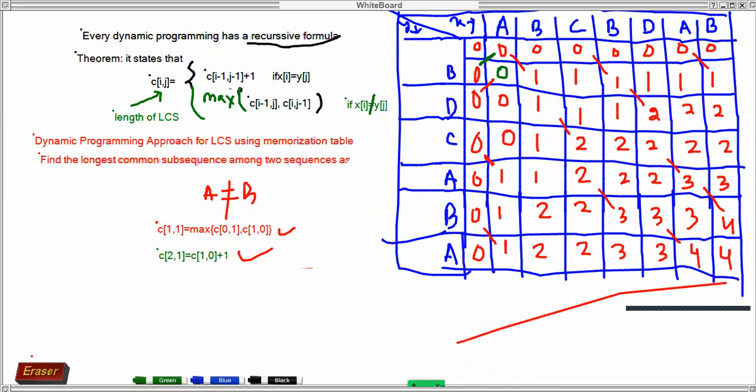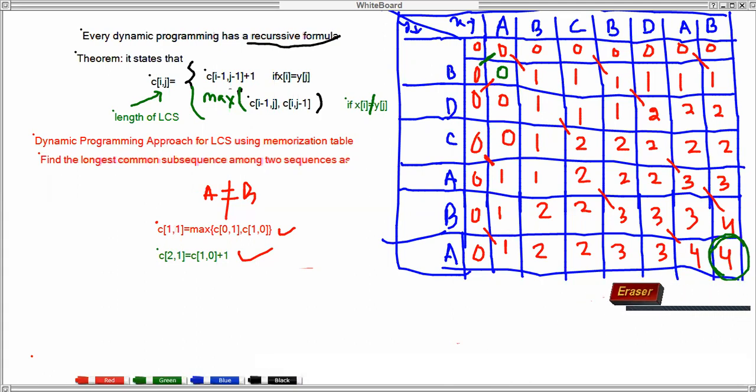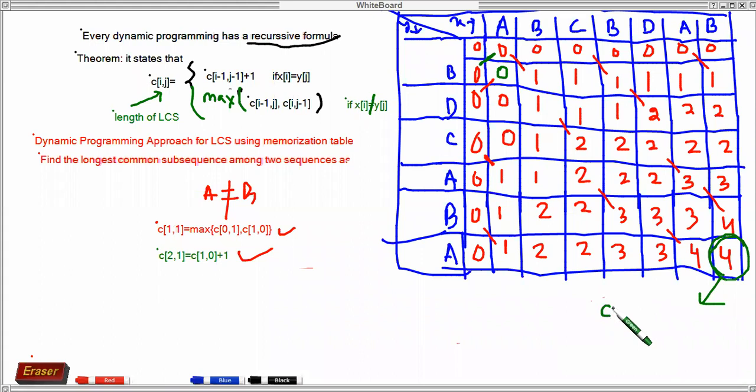You see, this is my longest common subsequence length. I'm getting the length first. What is my length? You just observe, this represents C of m, n, because we have taken the lengths of the m and n strings, with i and j as indices.